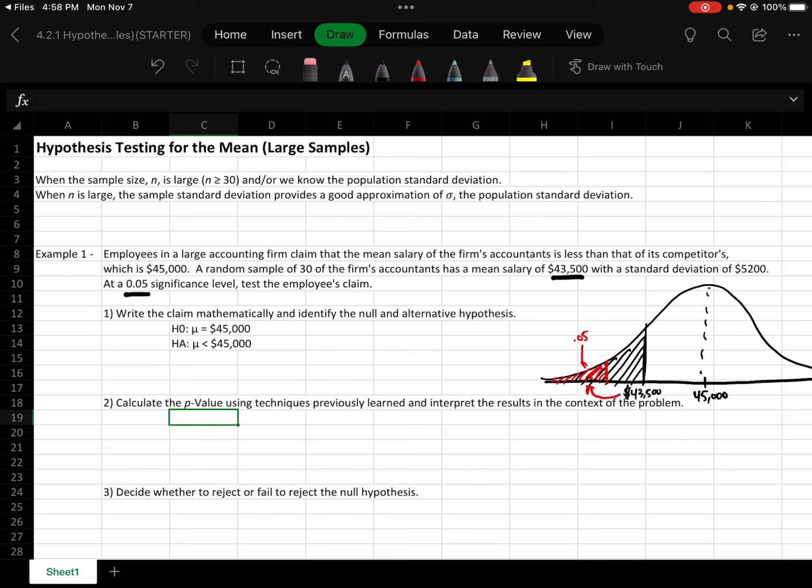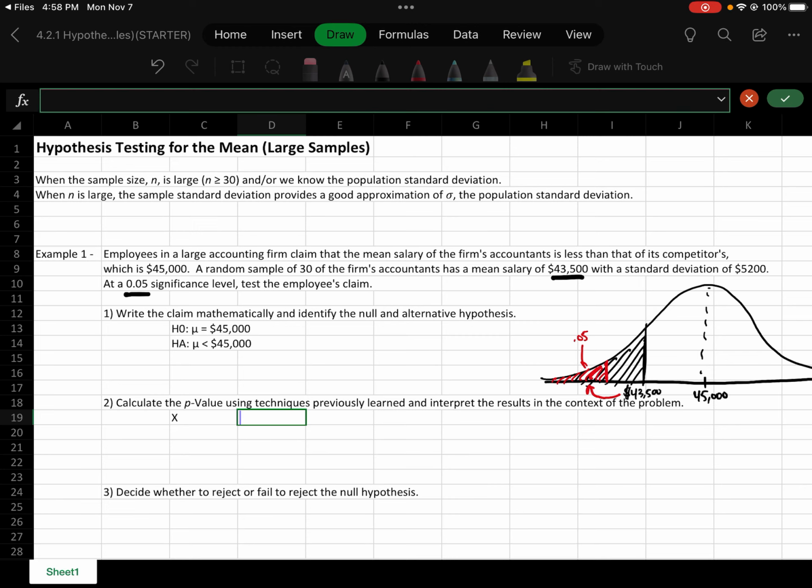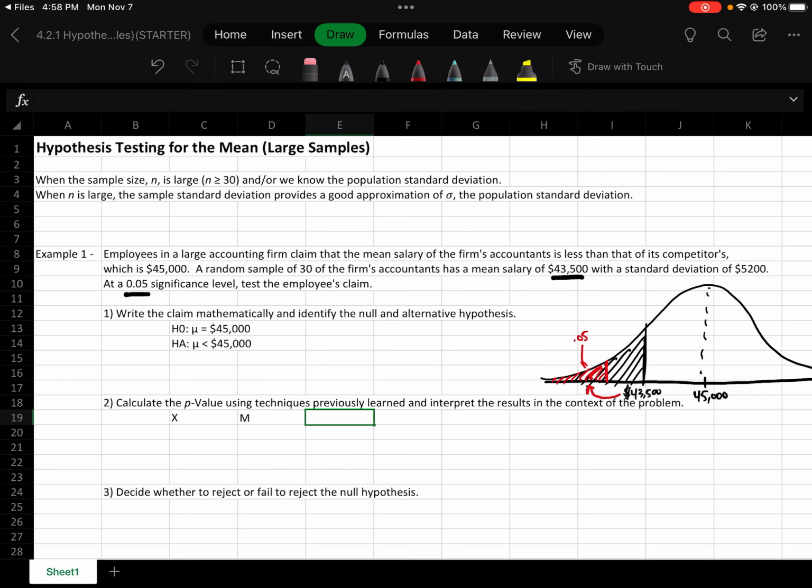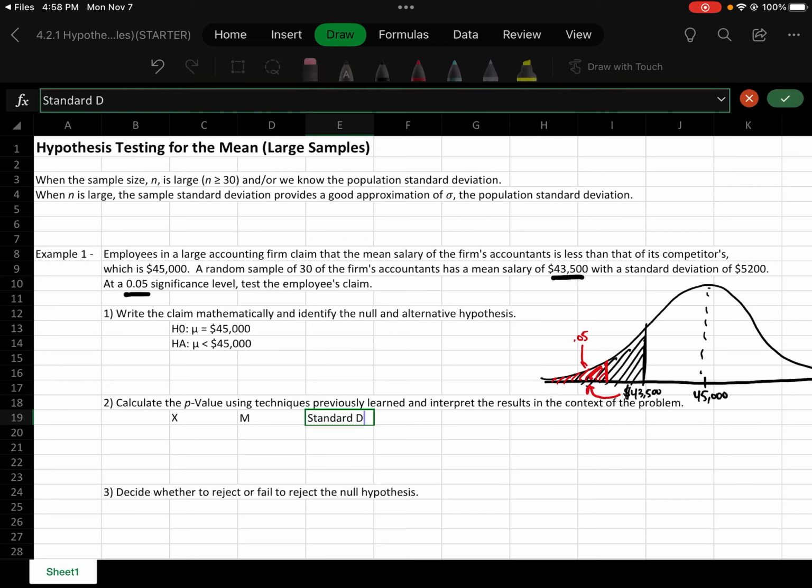So if I want to find the probability of a sample mean being less than $43,500 in a population with a mean of $45,000, I need to know what X is, I need to know what mu is, and I need to know what the standard error is, the standard deviation of the sampling distribution. So the standard error.